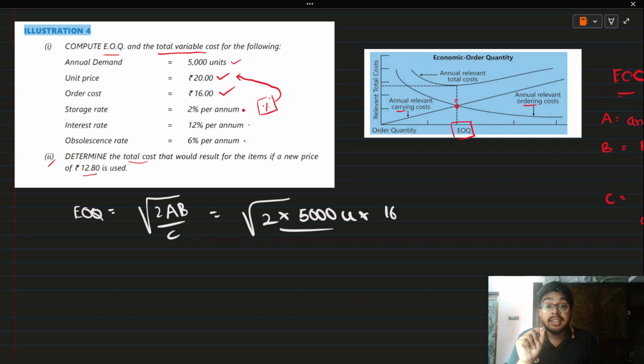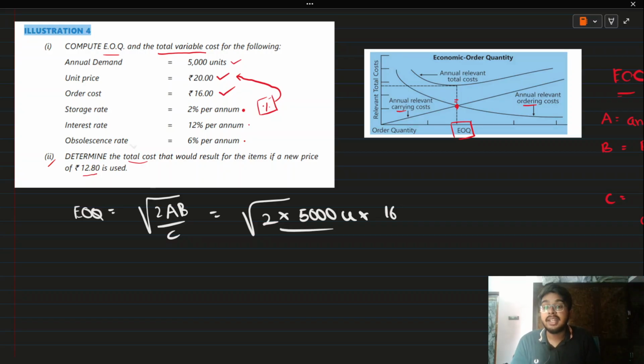Still, the opportunity cost foregone is the interest rate. I could have put that money in the FD or savings bank and earned 12% per annum. But no, I'm not doing that and I'm investing in my business. It is an opportunity cost. So interest cost will be added in the carrying cost irrespective of whether loan is taken or not. If loan taken, incurred expenditure. If loan not taken, opportunity cost foregone.